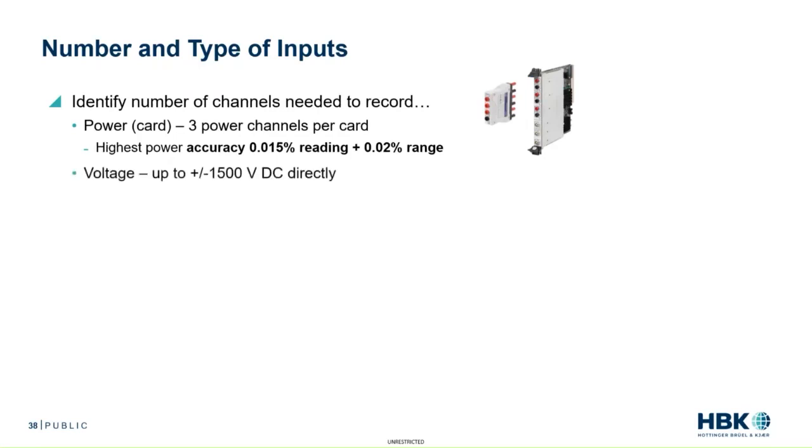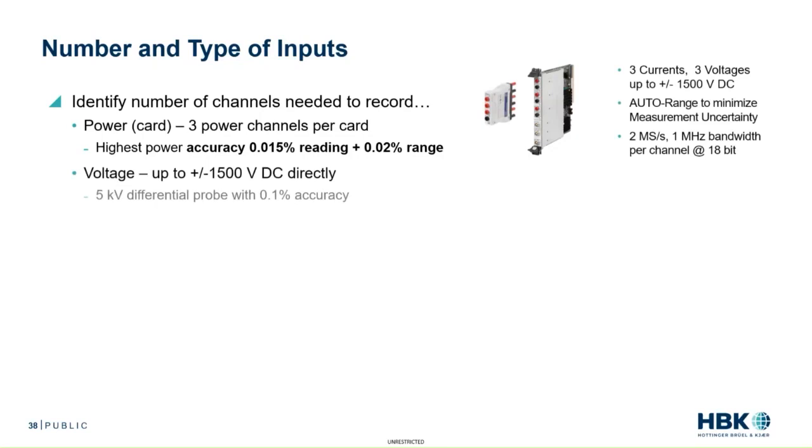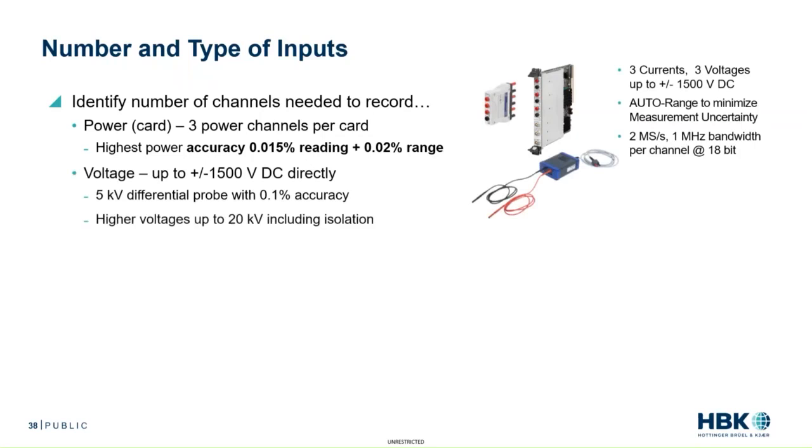The voltages can be read directly up to plus or minus 1500 volts. If you need to measure anything higher than that, you can go to a differential probe with 0.1% accuracy and measure up to 5 kV. If you need to go to higher voltages than 5 kV, you can certainly look at some isolation systems, so higher voltages up to 20 kV, including isolation.